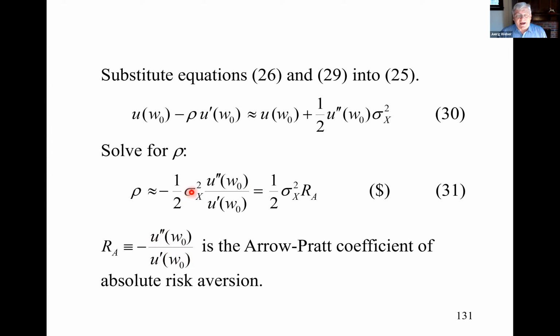Now, this variance here, that's also objective part. That's just the variance of the loss. Okay, so that's objective. So the behavior of people matters. It's a utility function which determines their behavior. And then also naturally objective risks matter, which you capture by the variance.